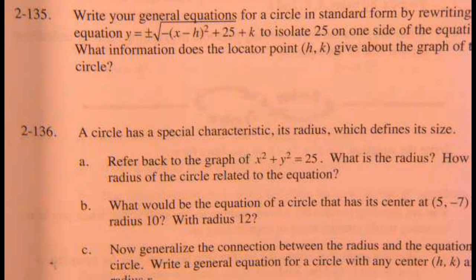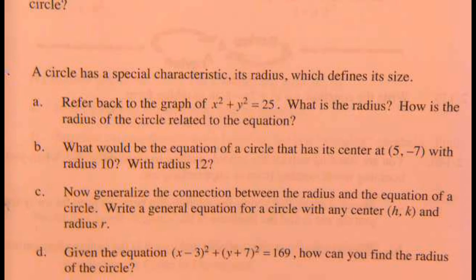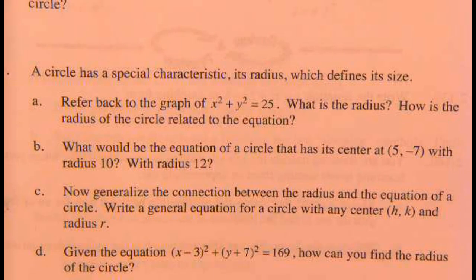I think that you can talk through these 4 problems, at least some of them, with your group. So I'm going to give you a couple minutes. Take a look at these, where you'll have to kind of look back to your graph of the circle that you graphed. And it's asking for the radius. Ready, go.